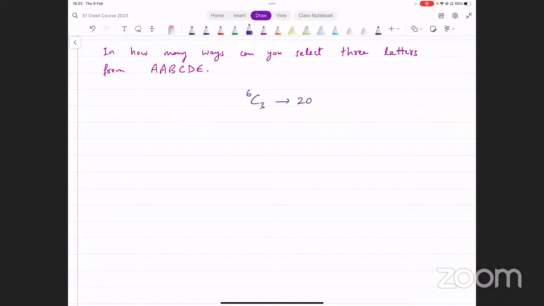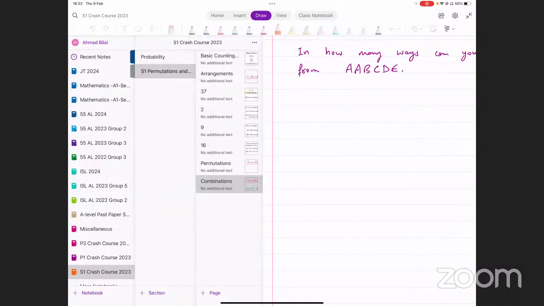But since we have 2 letters which are repeated here, we cannot use something like this. This is not going to work, because you've got some repetition, right? Now, when we used to do arrangements, we had a particular way of handling these repetitions. We had a way of handling what happens to these identical objects.